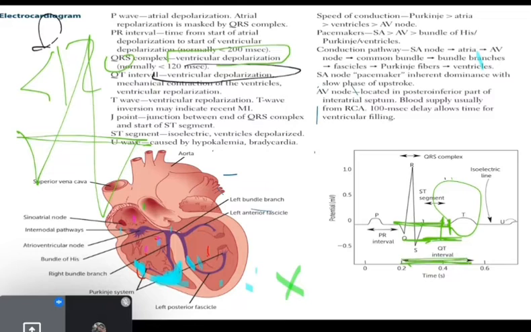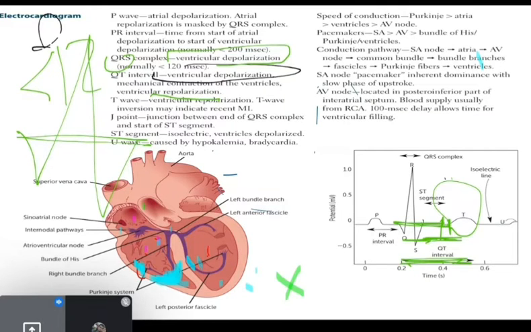It is from ventricular depolarization, the mechanical contraction of the ventricles, to ventricular repolarization. So from the contraction to the relaxation of the ventricles, this is what we call the QT interval.